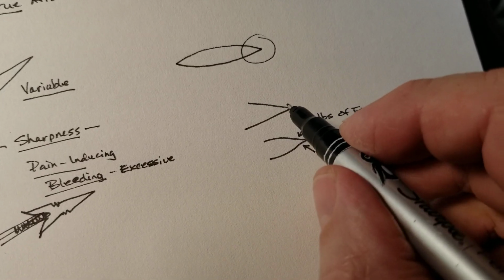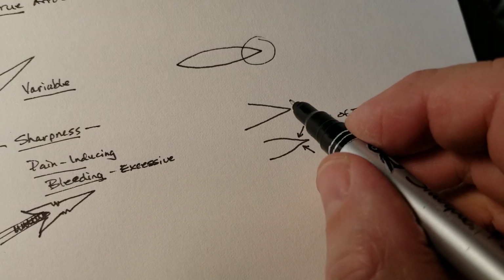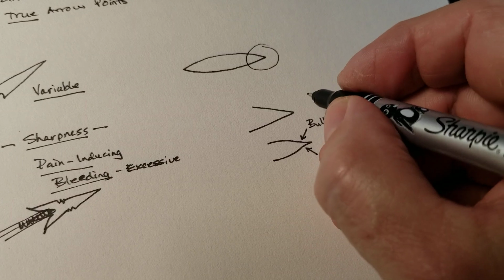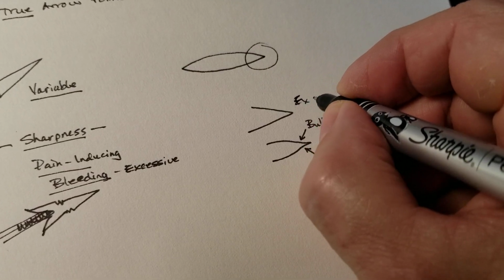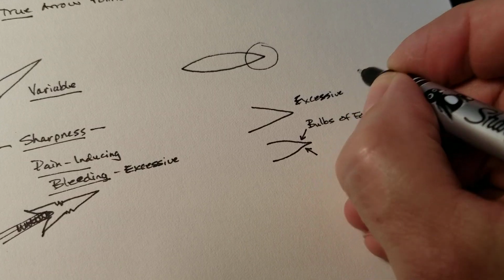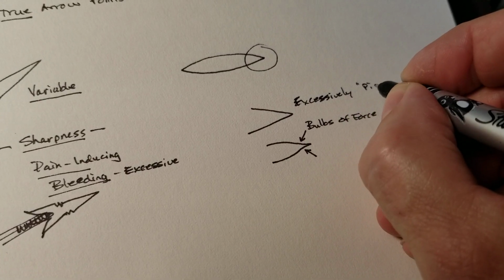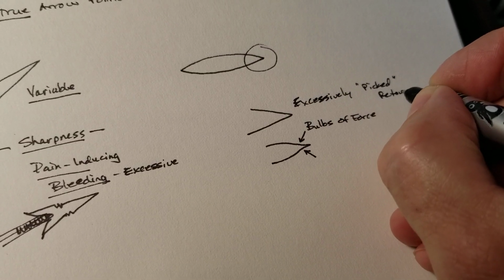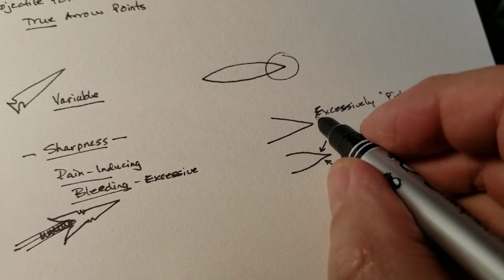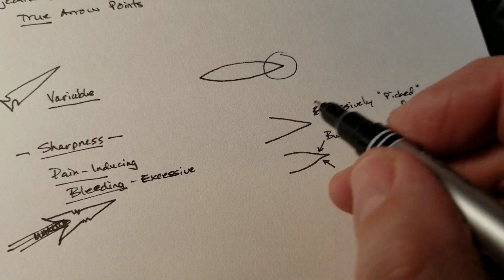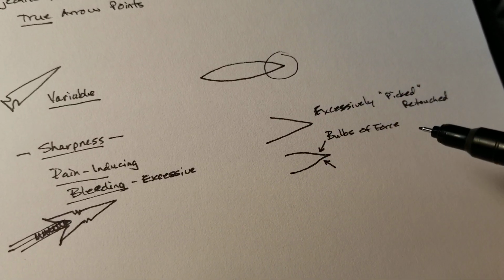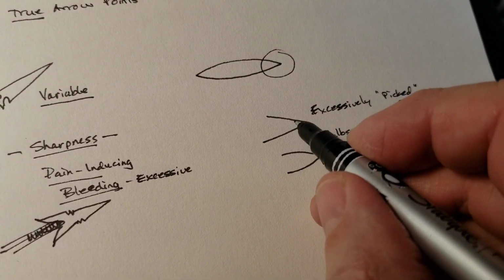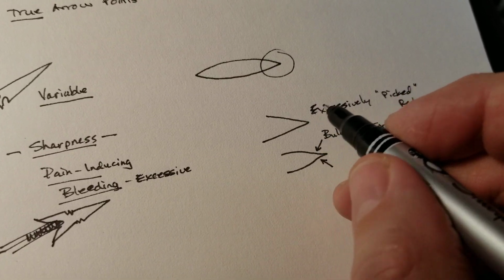Sometimes you will see this on a point that is, how do I say, excessively picked or retouched, almost like in preparation for driving more flakes. When you have an excessively picked or retouched edge, you get this effect, but this is not common.